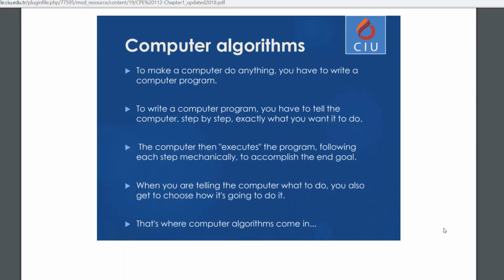When we look at computer algorithms, you need to make sure that it is a step-by-step approach. This is a crucial point because it should tell precisely what is going to happen in each step.